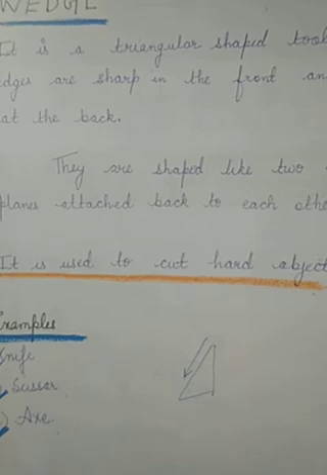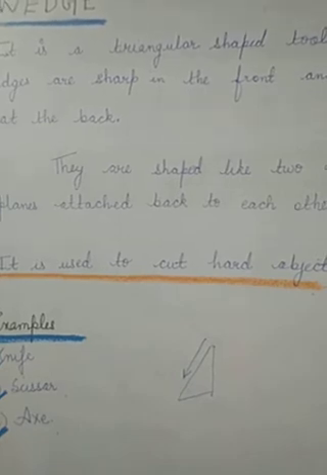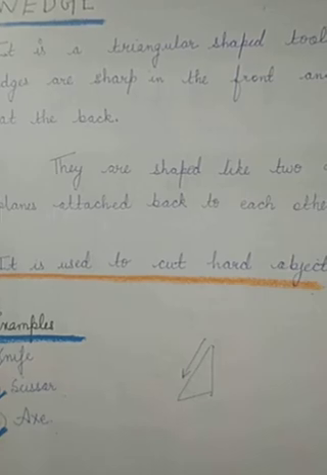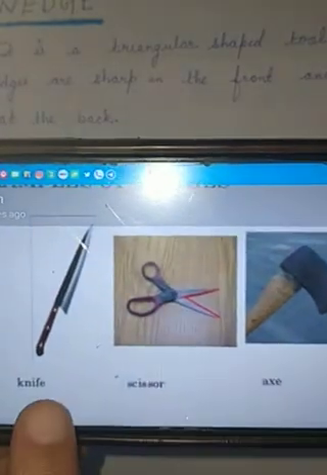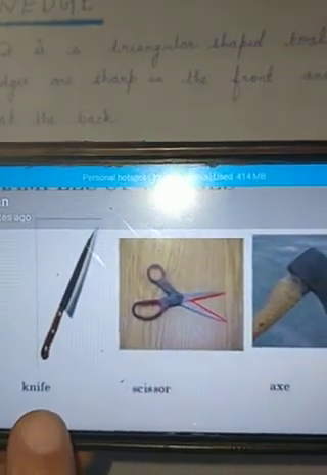Now I will show you some pictures of wedges. These are the three examples we have written here. The first one is the knife. A knife is also an example of a wedge.